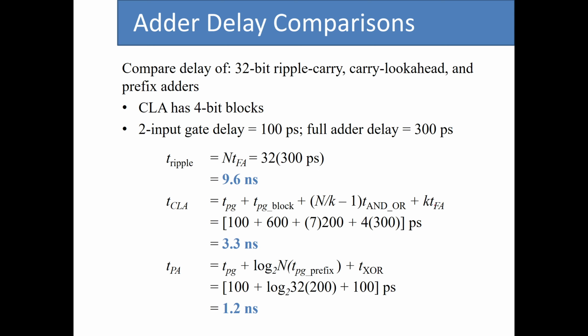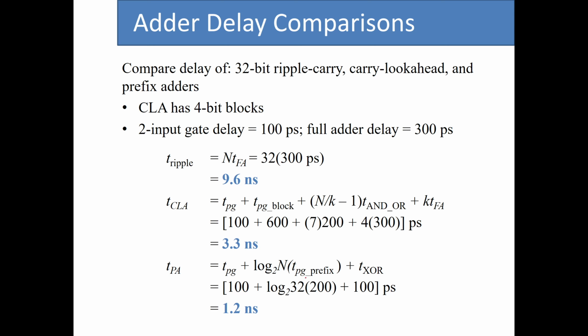If we add all of these together, the actual value is 3.3 nanoseconds. So by just adding a little bit more circuitry, we were able to cut the delay of the addition by 3 times. Now let's see what happens with the prefix adder.